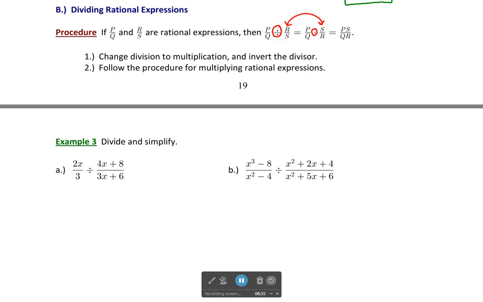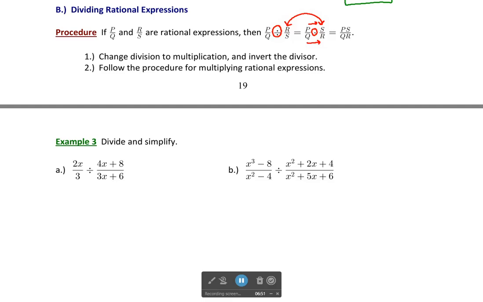Once we do that, we can follow the ordinary rules of multiplication, which say multiply straight across numerators and straight across denominators. So this feels just like dividing numerical fractions, except we're dealing with polynomials.